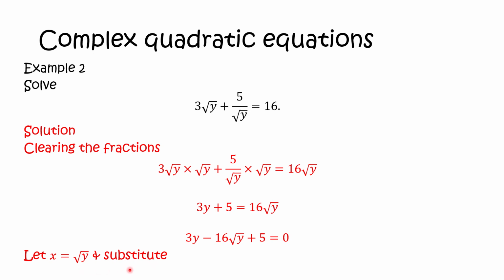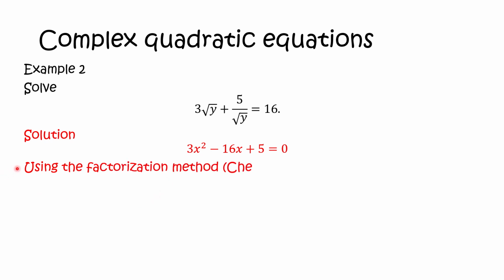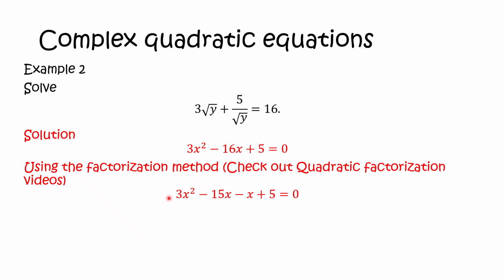So if we substitute, it means that where we had y, we're going to have x squared, and where we have root y, we just have x. So in so doing, we're going to have a quadratic equation, which is 3x squared minus 16x plus 5 is equal to 0. And using the factorization method, we are going to have 3x squared minus 15x minus x plus 5 is equal to 0.